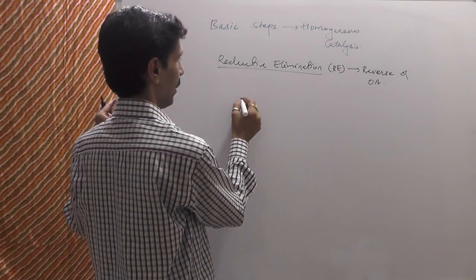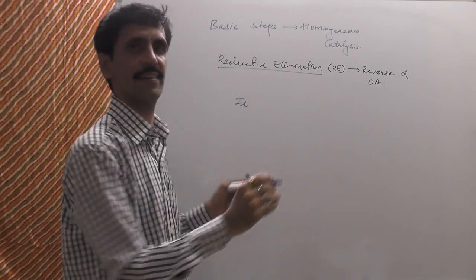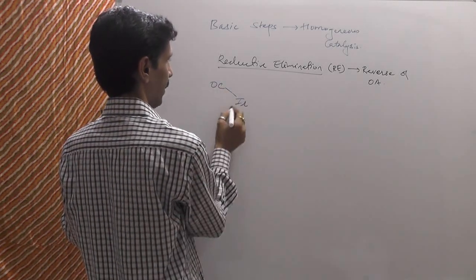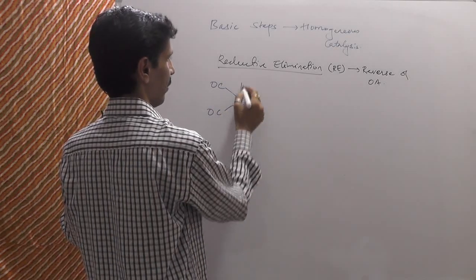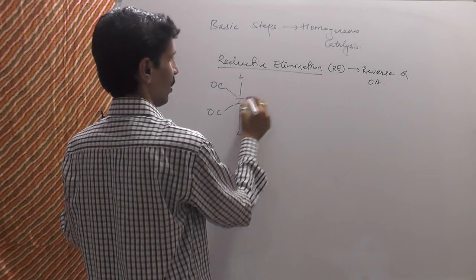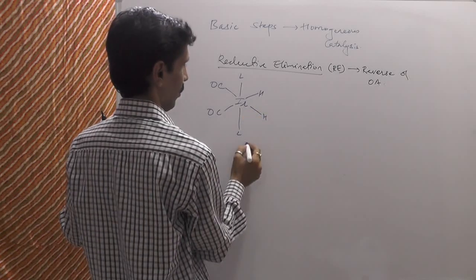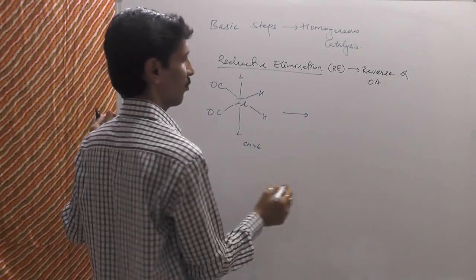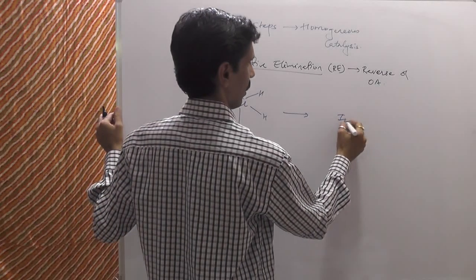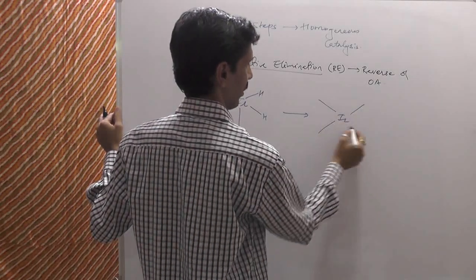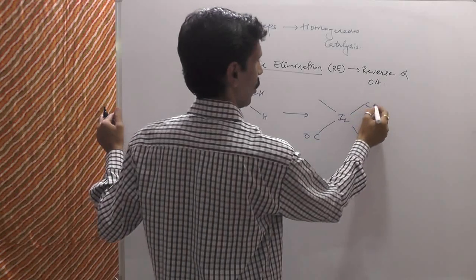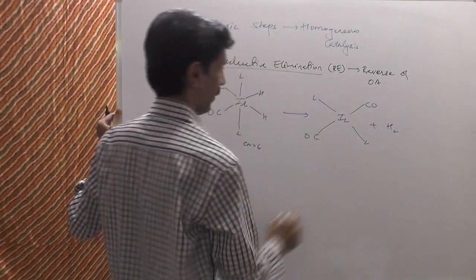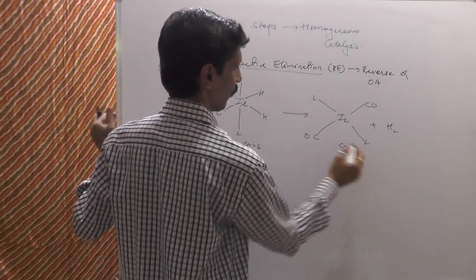Let us consider a central metal, that is iridium. There are two CO ligands, two other ligands, and two hydrogens as well. So the coordination number is equal to 6. Now this loses 2 hydrogen, and as a result I will be getting this. Now the coordination number is equal to 4.